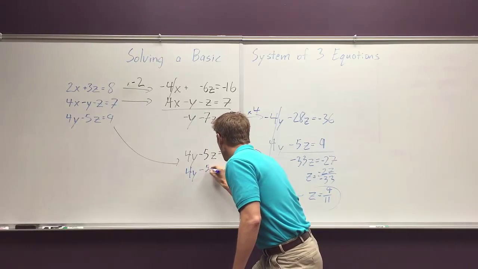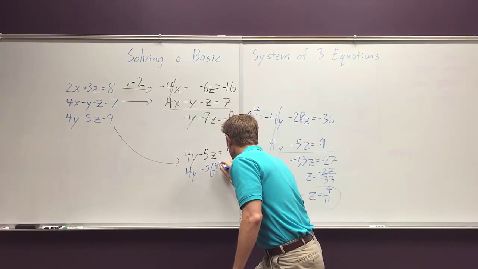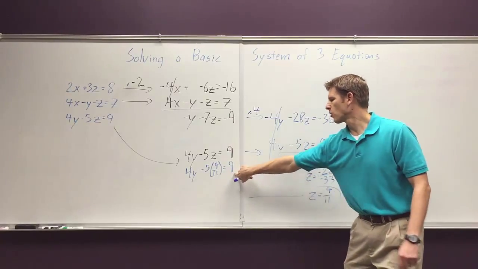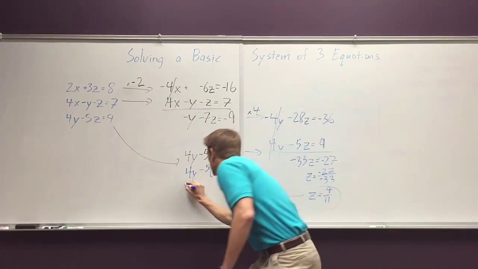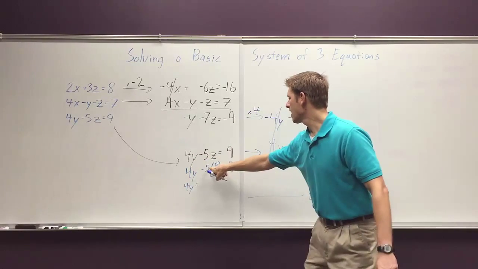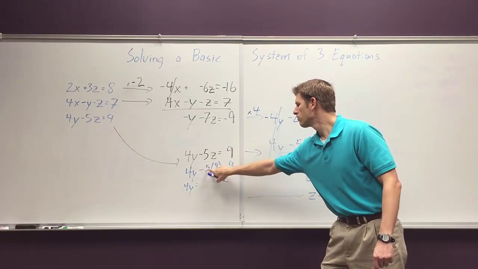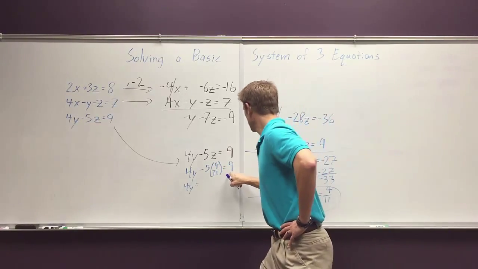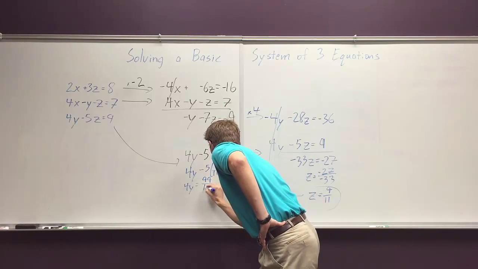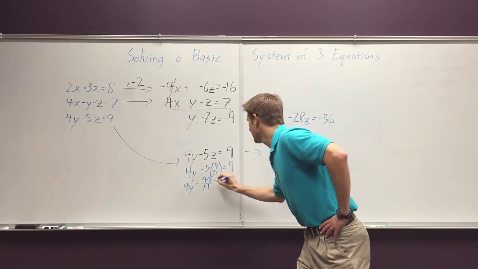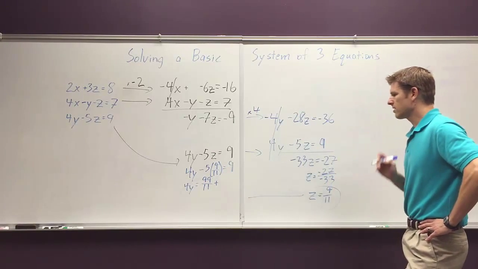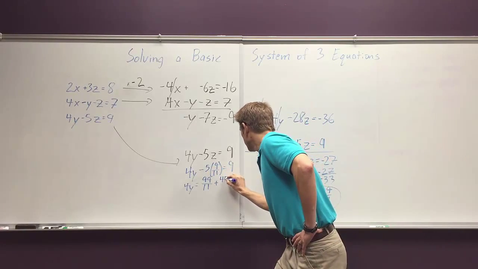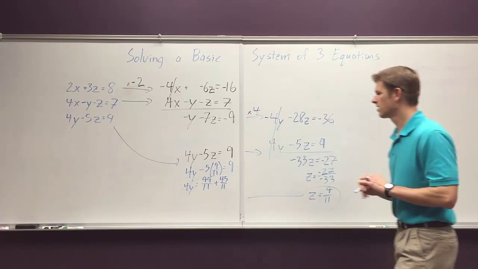4y minus 5 times 9/11 is supposed to equal 9. So let's gather like terms. I'm going to gather the constants over here. So 4y, let's see, and I suppose this is -45/11 on this side. How many 11ths would that be? So 9 is 99/11. And then I'm going to be adding to that 45/11.